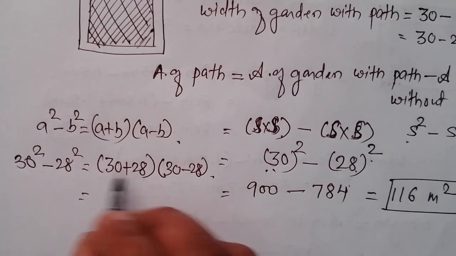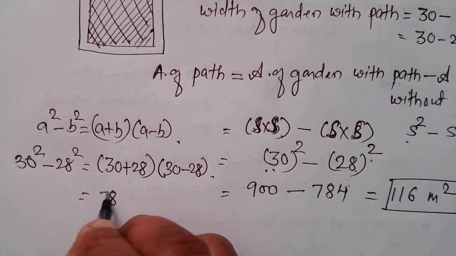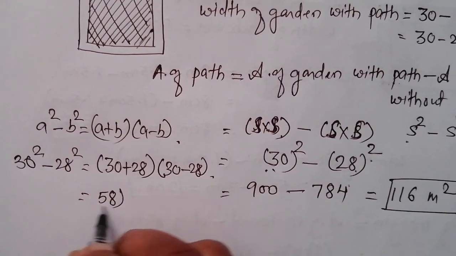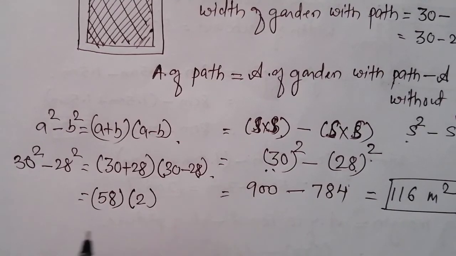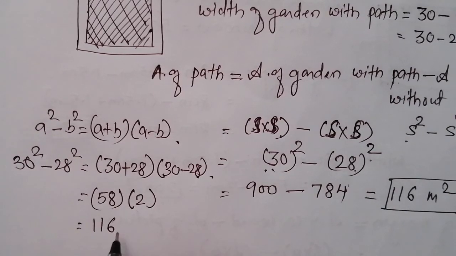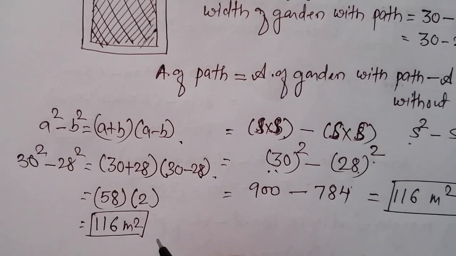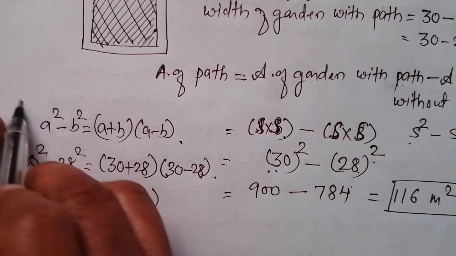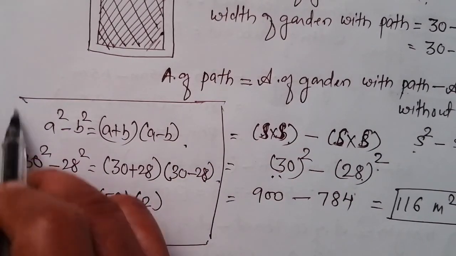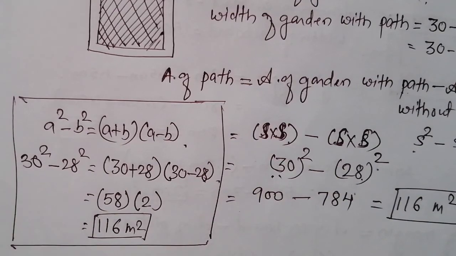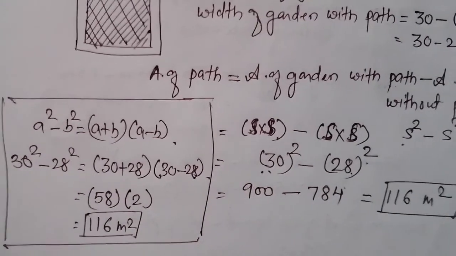Means 30 plus 28 is 58, and 30 minus 28 is 2. You can do whichever is easiest. By using the identity also you can do it, or by using this method also you can find out the area.